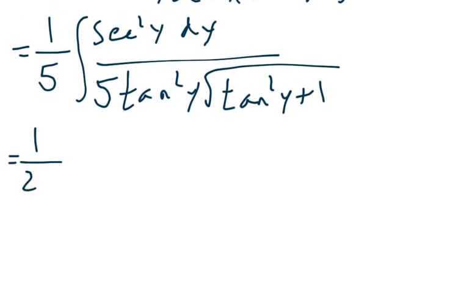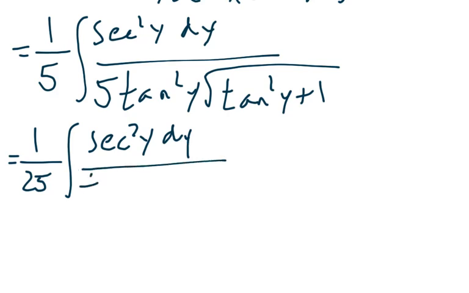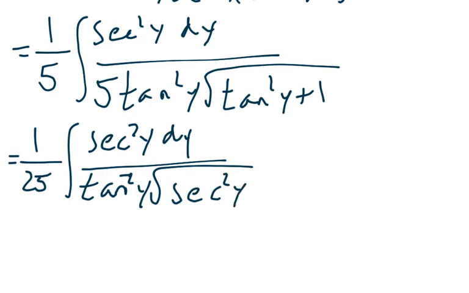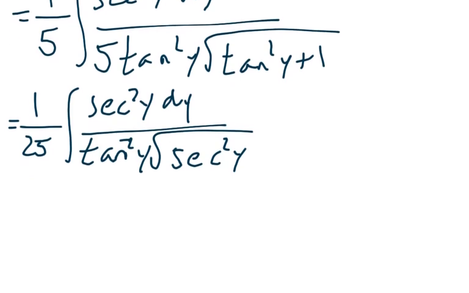So now we have 1 over 25 on the outside. We have our secant squared y dy over tangent squared y and times the square root of secant squared y. So this is exactly why we did this trig sub, right? So now we can get rid of whatever's in the square root because we have the square root of something squared.